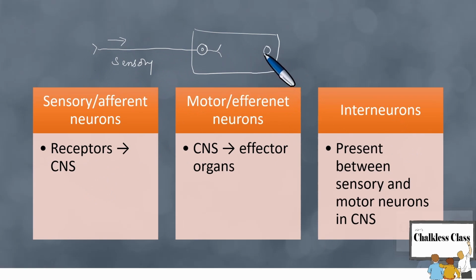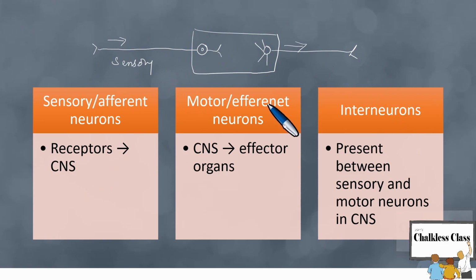This neuron has many dendrites. These are the dendrites. And from this one axon forms which goes to the motor organ. Such types of neurons are called motor neurons or efferent neurons, which take the impulse away from the cyton or CNS.